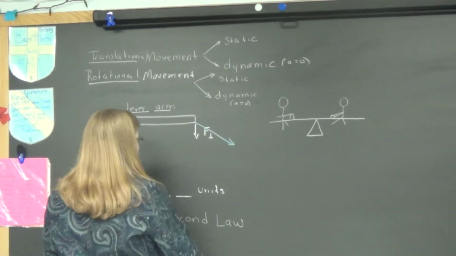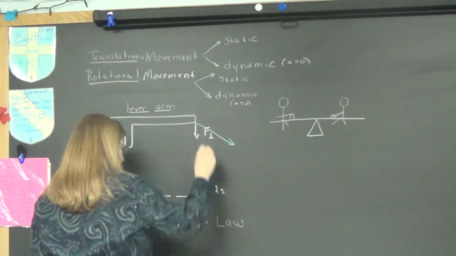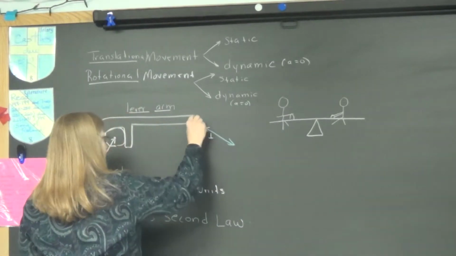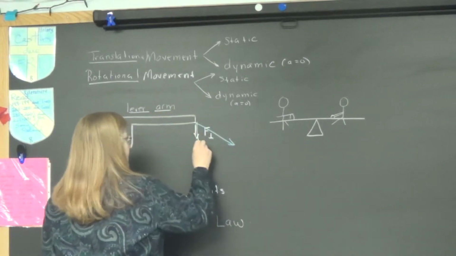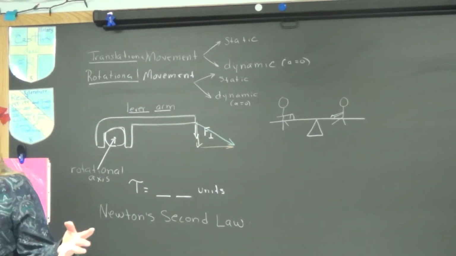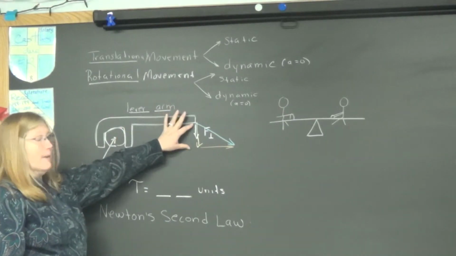Right, so if our force went in that direction at a given angle, we would have to divide that into two. So we would go like this and, in another color, like this. Which of those, the orange or the yellow, would count in this? Yellow. Right, so only the part that's perpendicular.